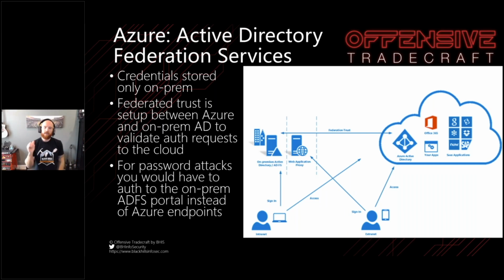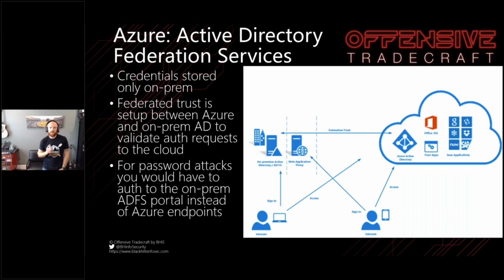Whenever you go to authenticate to O365, like in the screenshot here, the bottom right has the extranet user. They go to sign in to a web application proxy that actually redirects that authentication request to an on-prem ADFS infrastructure. And the on-prem ADFS infrastructure then gives them a token that allows them to access these cloud resources.